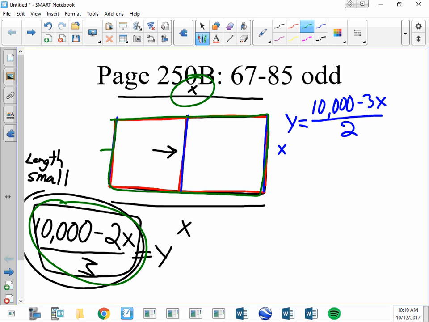So each one of these is this big. Now that's kind of a messy number, but we can now find the area. It's going to be x times (10,000 minus 2x) over 3. Do I even need to multiply that in? Just type it in your calculator as is.